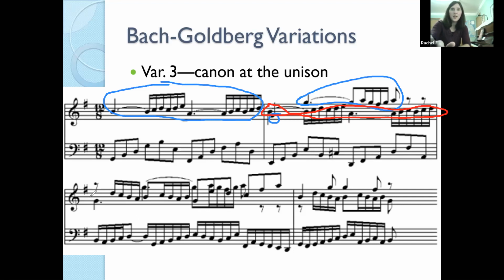Here we have a G at the unison, we have an octave leap, and then this idea, which is kind of woven into some of the other things there. That will be our follower there.